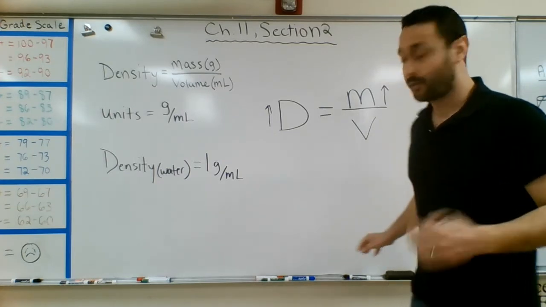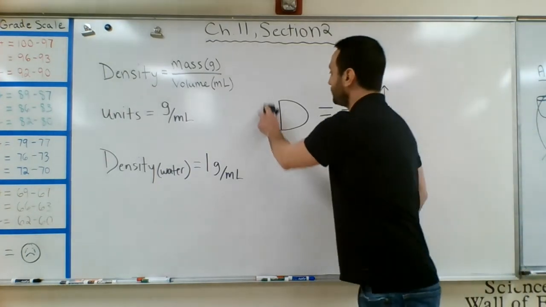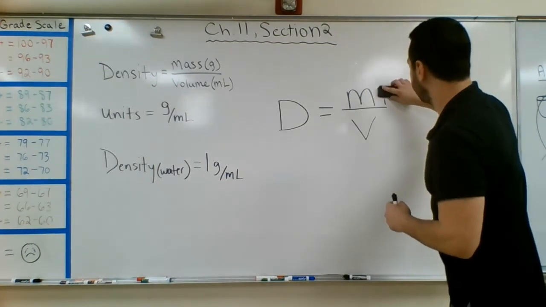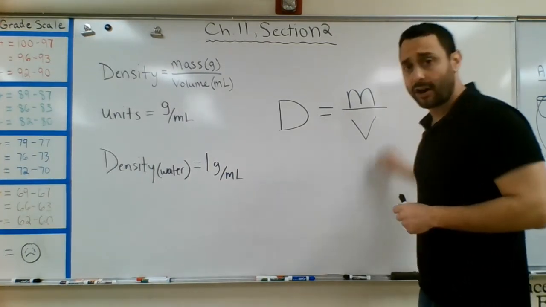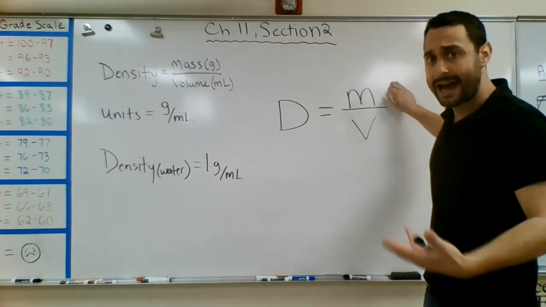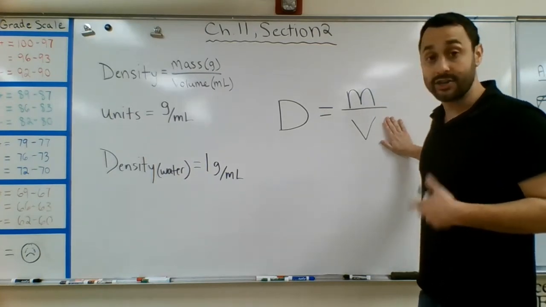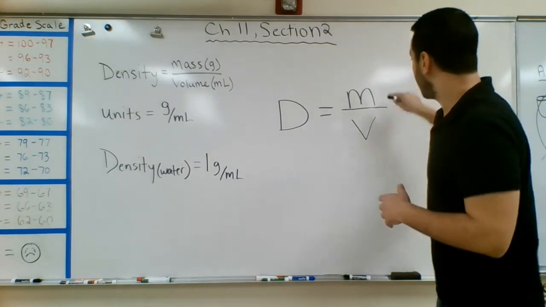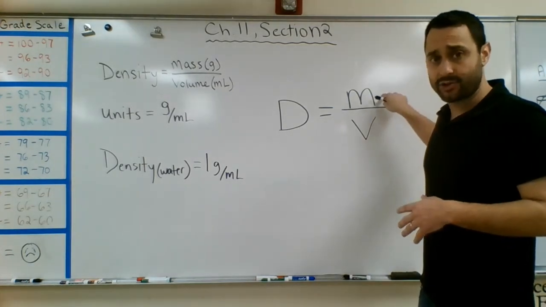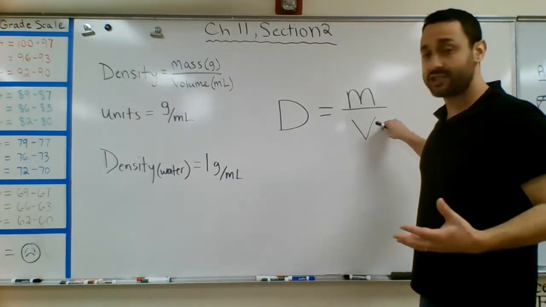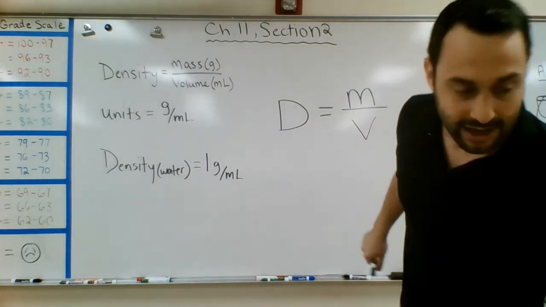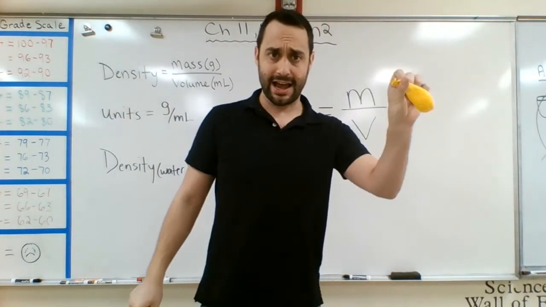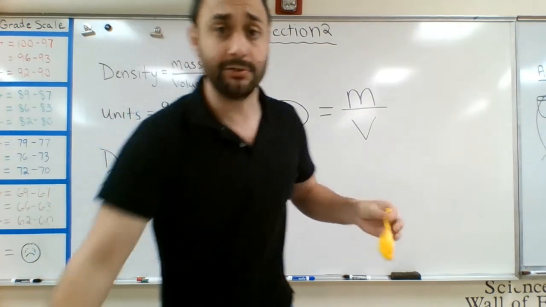There's another thing I could do to change the density of an object. Instead of changing its mass by either adding or taking away mass, you can also change an object's volume. In other words, without adding any additional mass or taking away any mass, you're just increasing the size of that object. A very simple example I have here is just of a balloon, all right?